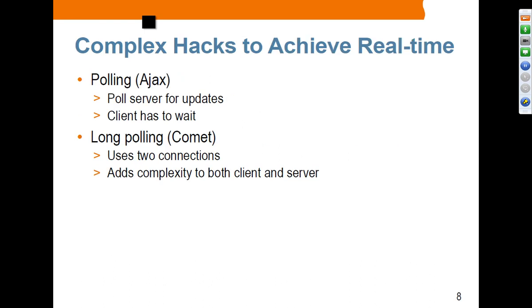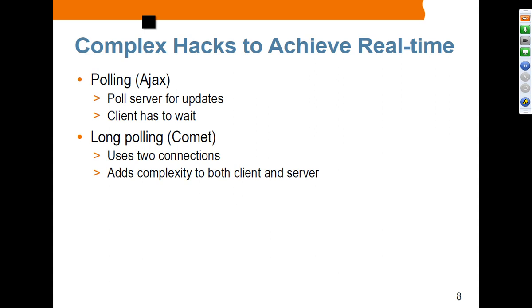Okay, so just to give you a sense of how Comet works, these are complex hacks to achieve real time. Again, this is before WebSockets is being used. One option is polling, so the client keeps polling every few seconds, at some interval. And the client has to wait until the response comes back from the server.